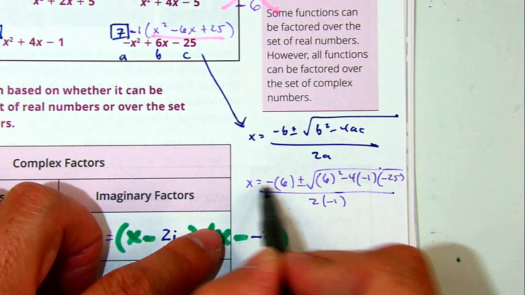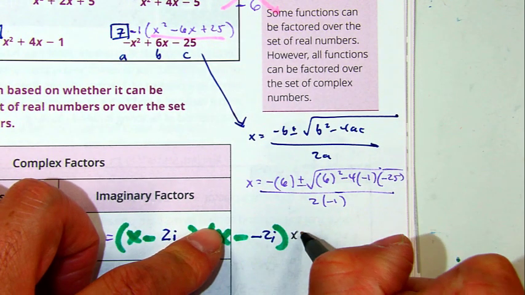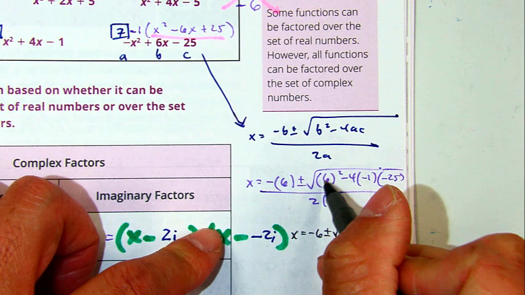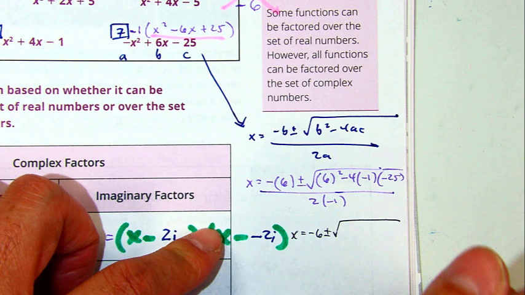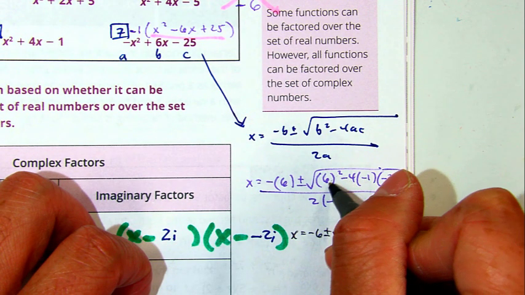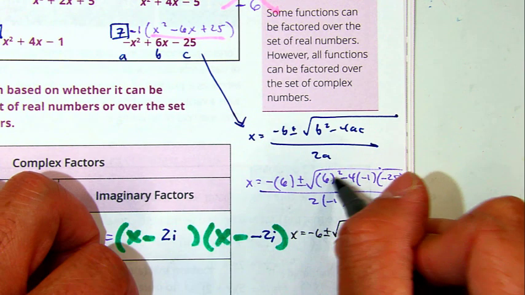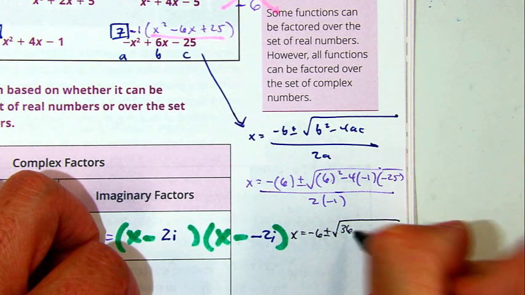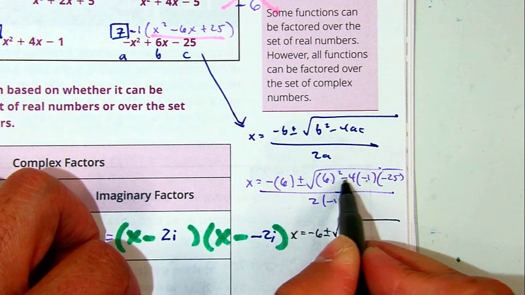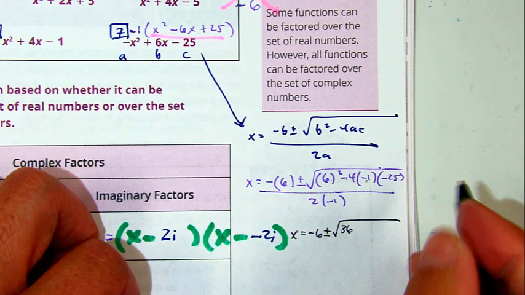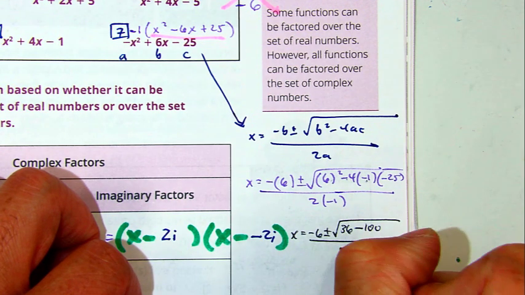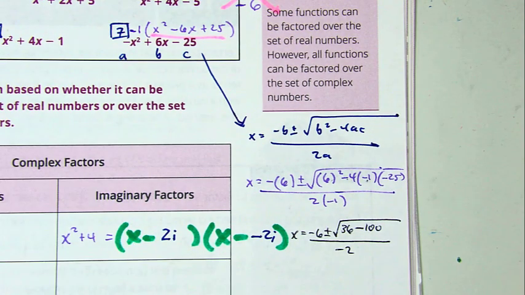And now I'm going to do the opposite of 6, which is negative 6, plus or minus 6 squared. Class, is that 12? No. Yeah, that's a common mistake. Remember, it's 6 times 6, which is 36. Negative 4 times 1 is positive 4, and positive 4 times negative 25 is negative 100, all over negative 2.